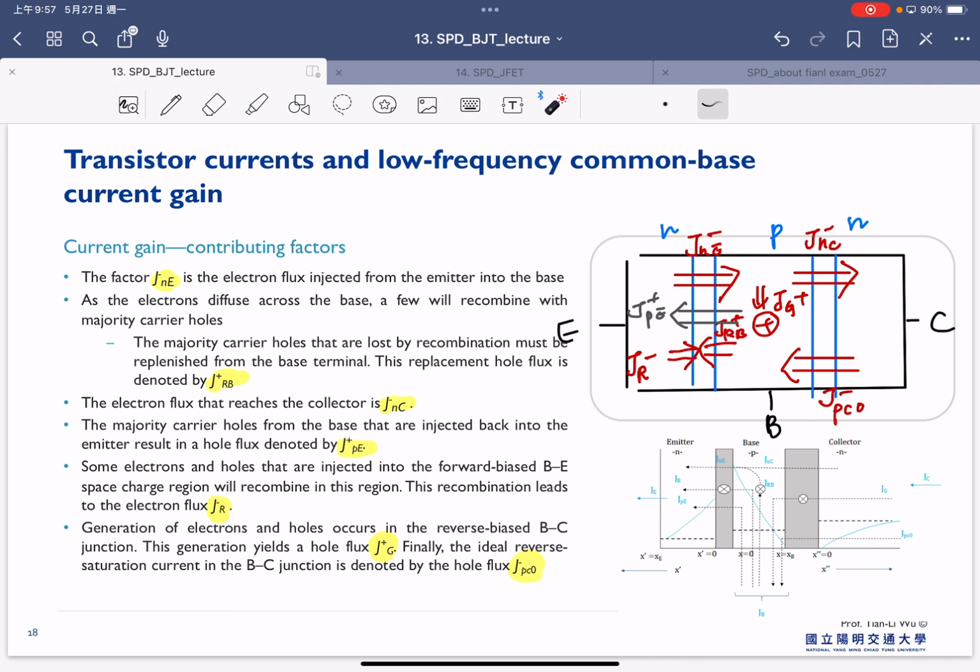If you compare the BJT and the MOSFET, in the end you'll realize that the MOSFET is really the easier one. So this is the only advice I can give you. There's nothing we can do to simplify this or make it easier for you to understand.